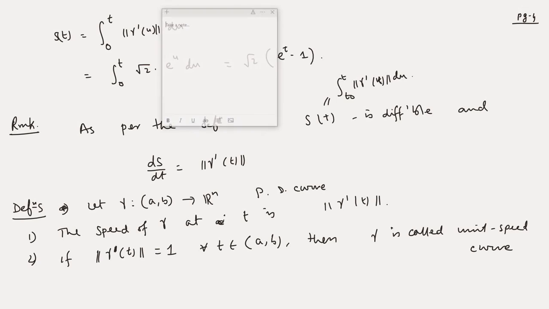And the third one: if gamma is a unit speed curve, that is, the norm of gamma prime of t equals 1 for all t in the domain a comma b, then what is the arc length function? The arc length function based at t naught is s of t, which is equal to t minus t naught.